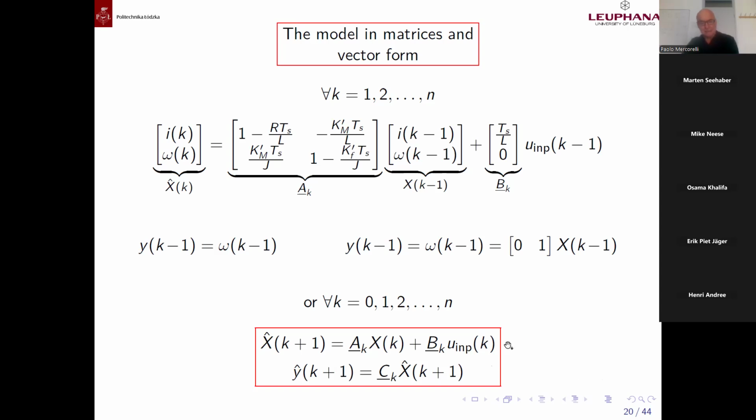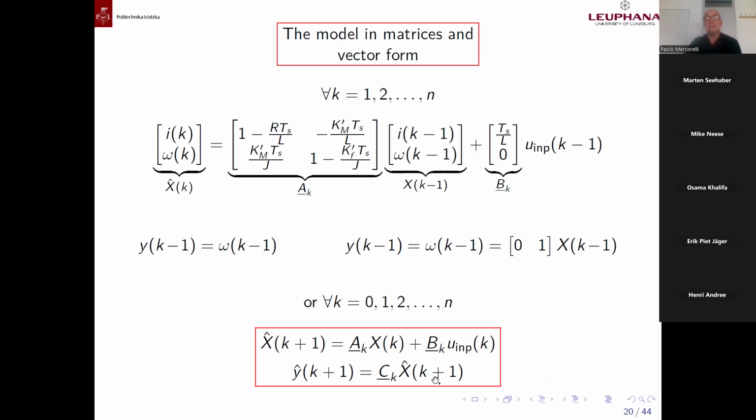This is our compact form of the prediction, for one-step prediction. We can see, for instance, for k equals 0, we have x hat 1. This means the future step, if 0 is the present, is a function of the state at the present and the input at the present.